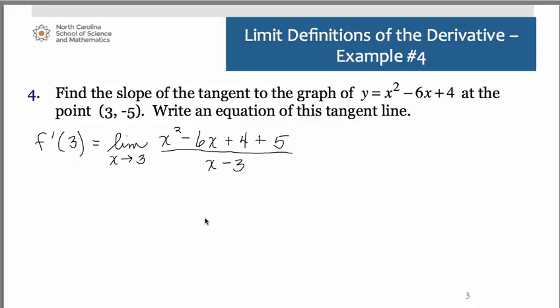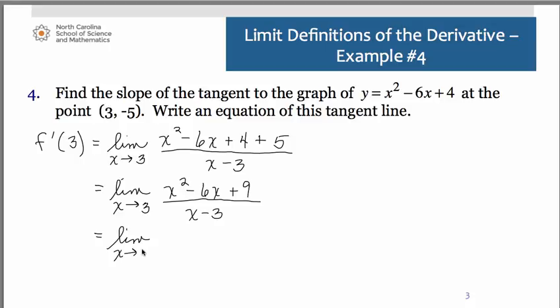Once again, you have a limit that you're going to evaluate algebraically. So in the numerator, we are going to have to factor this. So it factors as x minus 3 times x minus 3. Then that's how the x minus 3 in the denominator is able to cancel.